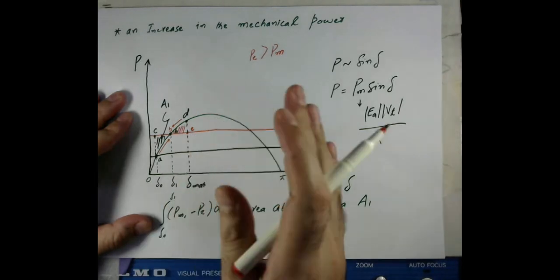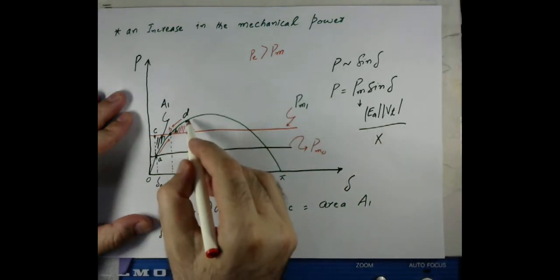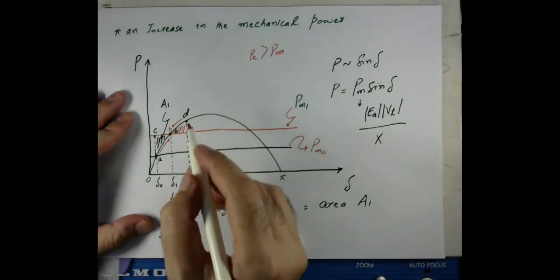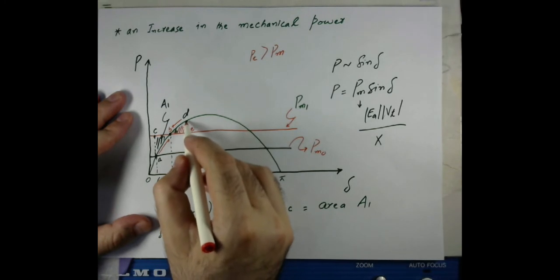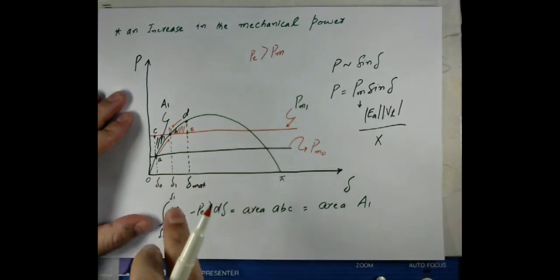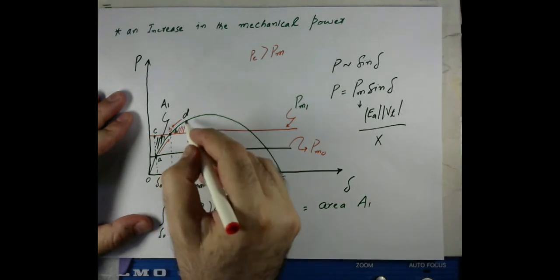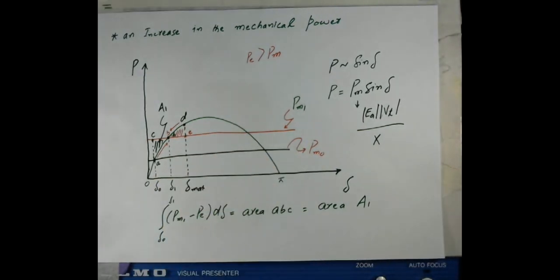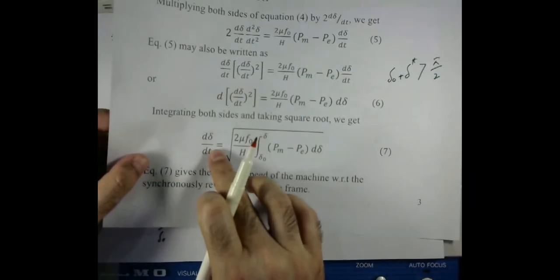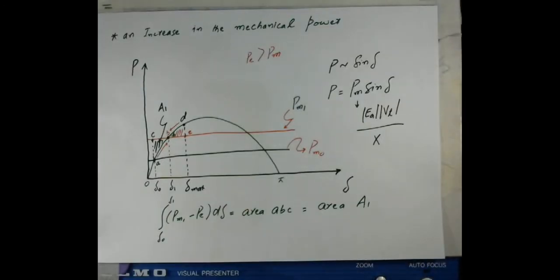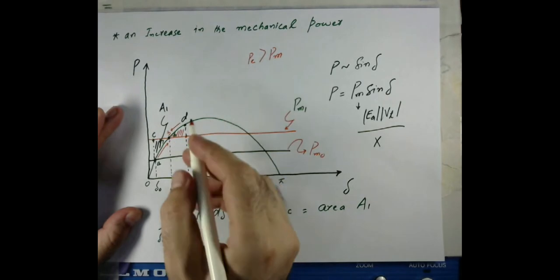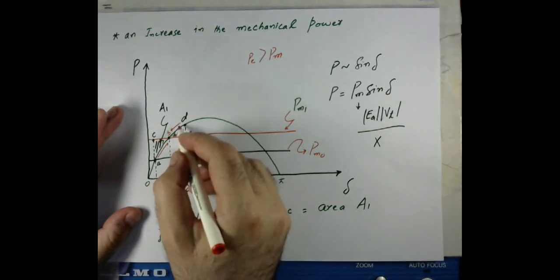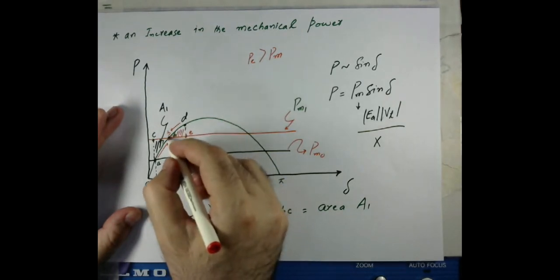At this point we have synchronous speed but the angle is del max, so we will have a negative relative velocity. And as the electrical power is more, the machine will move back to this point.